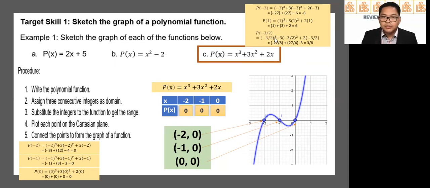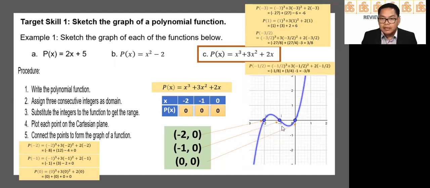When I substitute, okay, I can get 3 over 8. And 3 over 8 is below 4 over 8, which is 1 half. So it's below 1 half. Now I know that from negative 2, the graph will move up to 3 over 8 and goes down again to negative 1. So I am now sure that this is the flow of the graph.